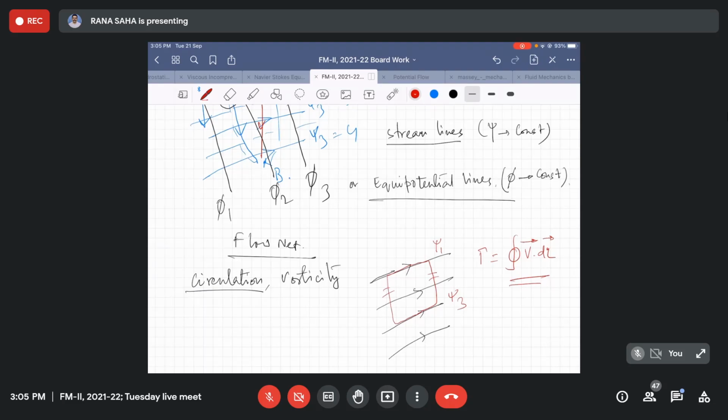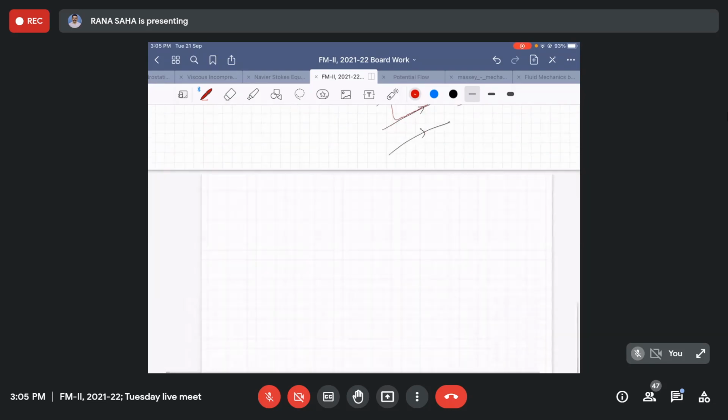One is del v del x minus del u del y, and one is delta x delta y, that is basically the cross section area.